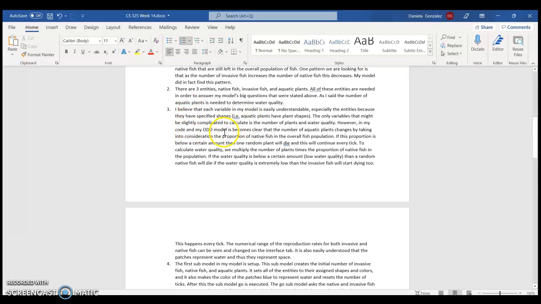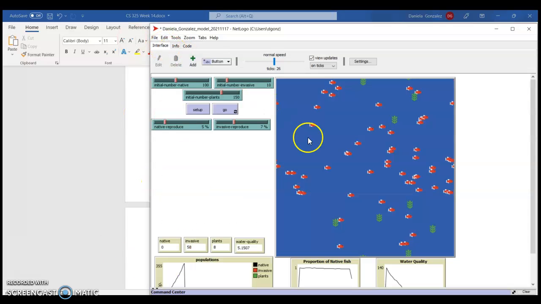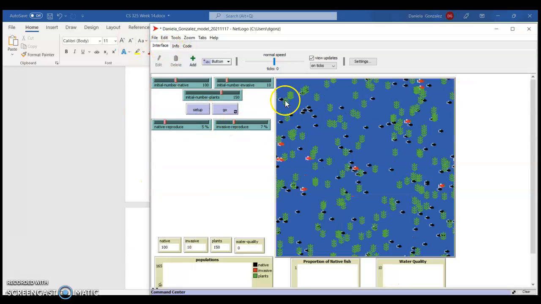I believe that each variable in my model is easily understandable, especially the entities, because they have very specific shapes. As you could see, the native fish are black and a little bit smaller, while the invasive fish, we're only 10, so those are just the red ones, and they're slightly bigger. And then the aquatic plants have these cute little plant shapes as well.